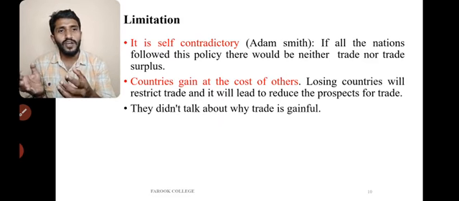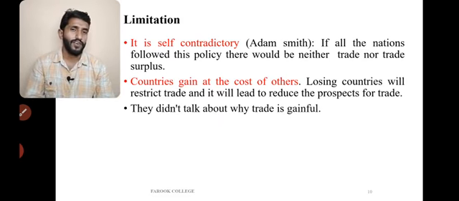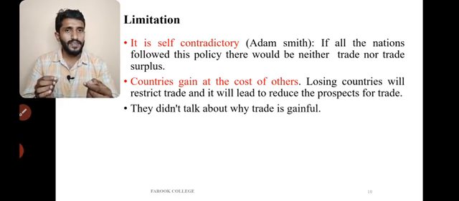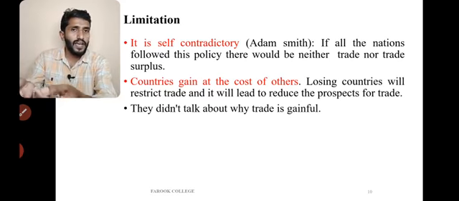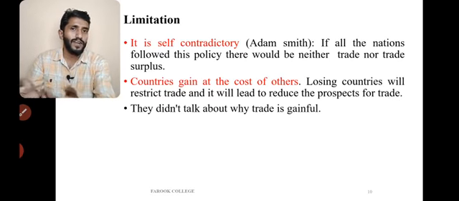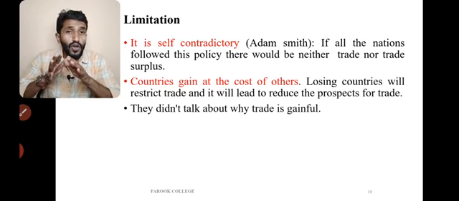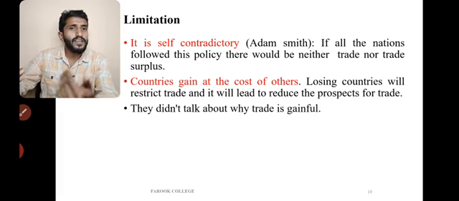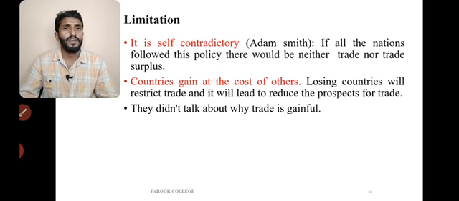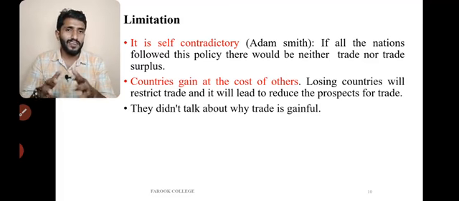Finally, they didn't talk about why trade is gainful. They said it is a zero-sum game. So if I am gaining, there will be a loss for another person. So there is no possibility of mutual gain, where I am gaining $10 and he is also gaining. There is no possibility of that. So this is another limitation of mercantilist ideas on trade.